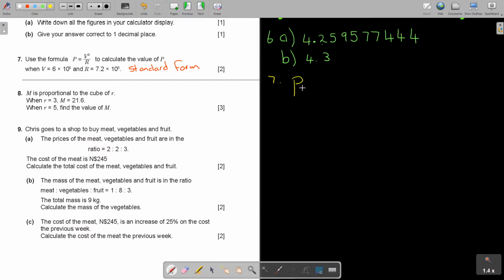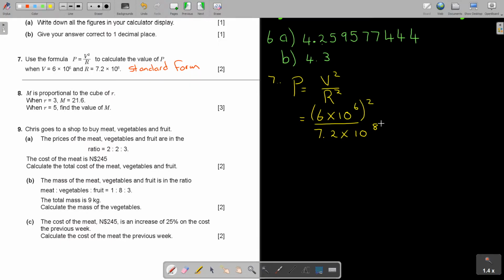So P is equal to V squared over R squared. Okay, and now I just substitute. In the place of V, I say 6 multiply 10 to the power of 6, and don't forget to square it, over, and that was just R, not square, 7.2 multiply 10 to the power of 8. Okay, take your calculator. So remember to press 6.